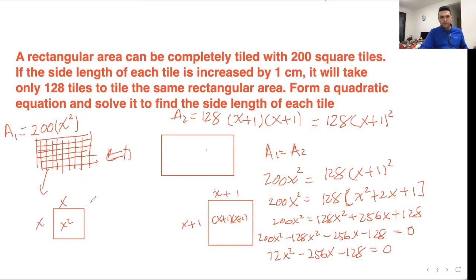So this would be 4, and this will be 5, because 4 plus 1 is 5, right? All right, so that's it. The side length for this one is 4 when you use 200 tiles, and when you use 128, you make it 5, okay?